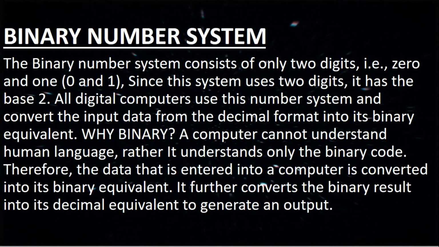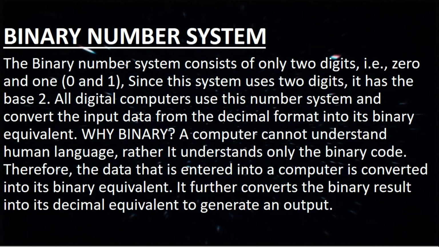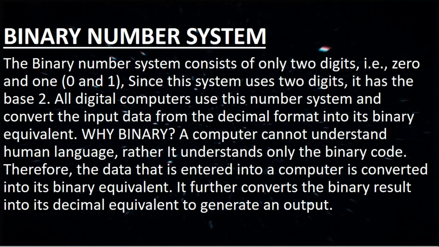We know computer is made up of many small components like registers. So whenever electricity is passing through, that means our computer is in working state, or we can say it is in one state. Whenever electricity is not passing, that means it is in zero state.